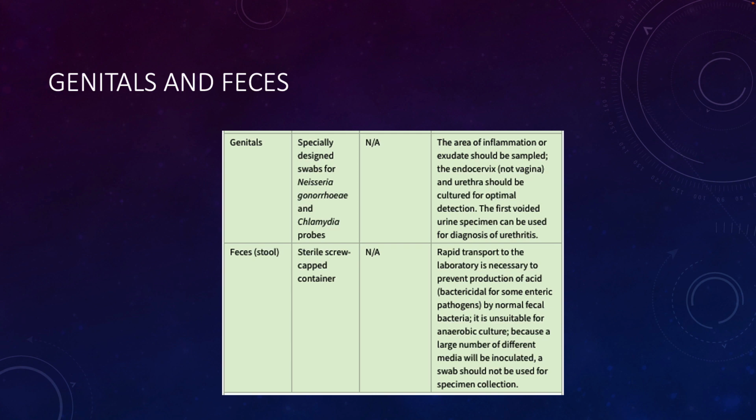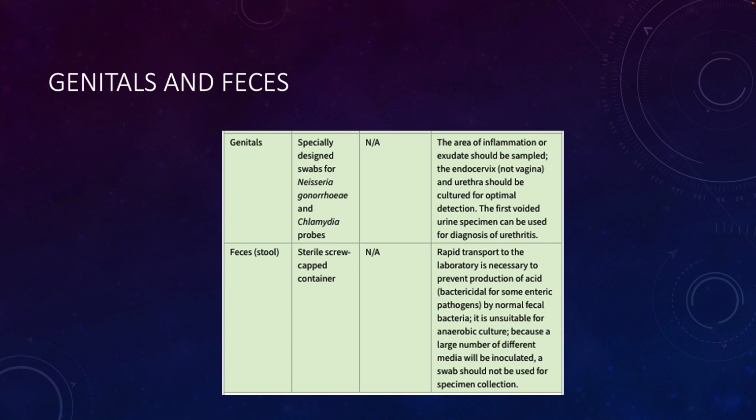For females, you cannot. Females do not have a conjoined urinary and genital tract. There are two separate openings, so you would want to sample both. You would want to culture the endocervix, so inside, and the urethra if you suspect any sort of genital infection in a female patient.